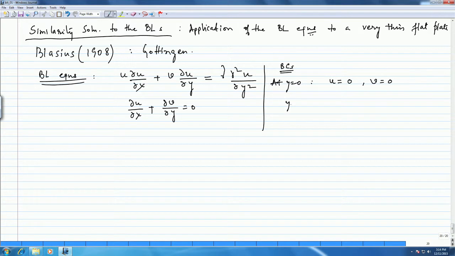And at y far away, u is equal to the free stream. Right, so we're going to basically start from here. Now, like I said, the similarity solution and all that, so let's see what I am talking about exactly.